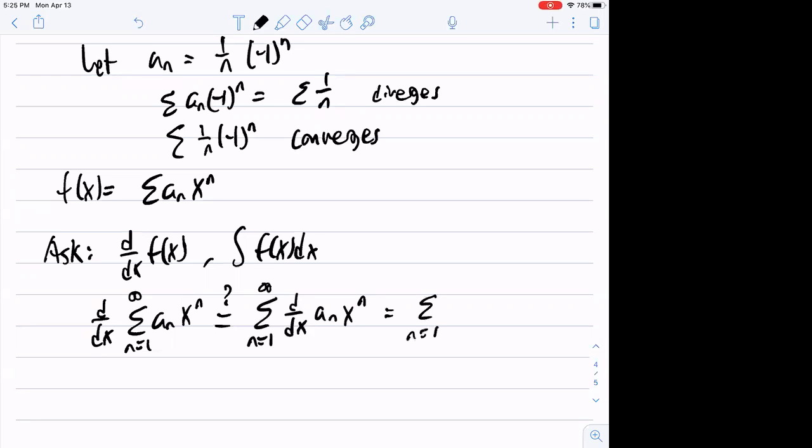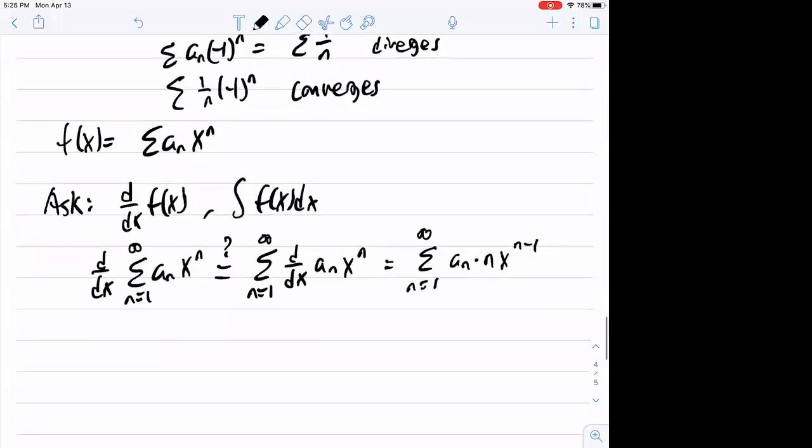The derivative of x squared is 2x, so this is a_n times n x to the n minus 1. Just think n equals 2, then the derivative of x squared is 2x. So you might wonder, can I just move the derivative inside and take the derivative term by term?